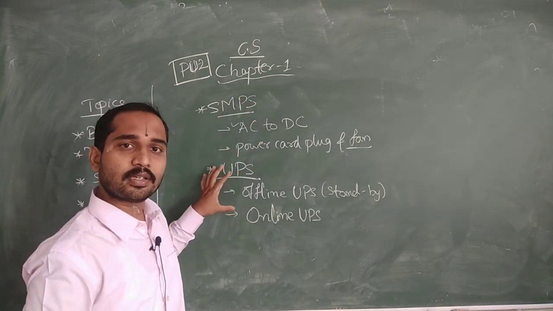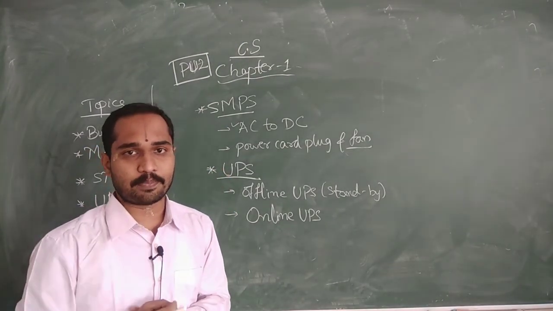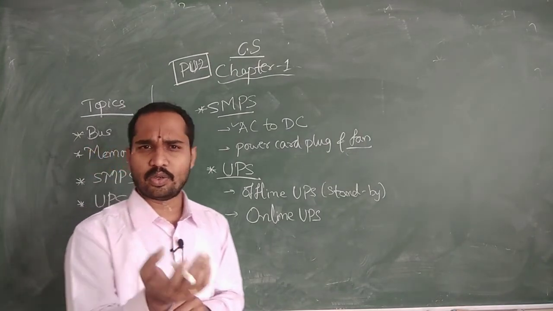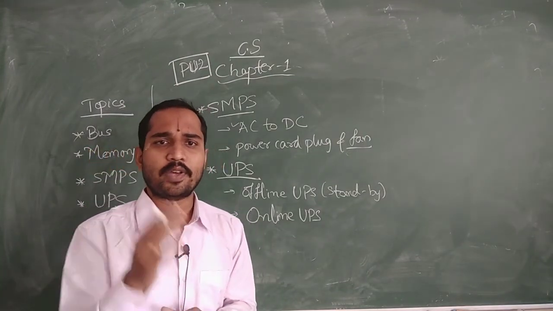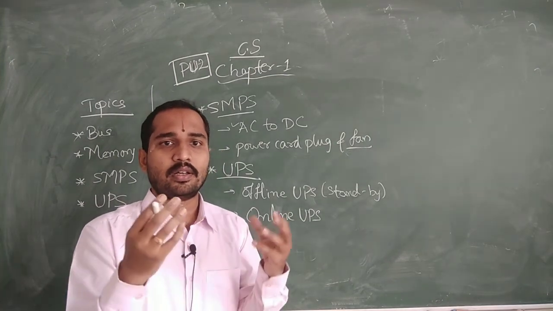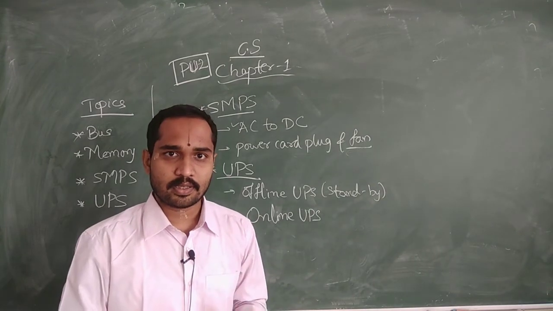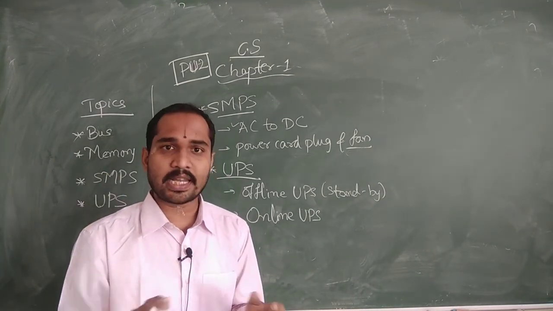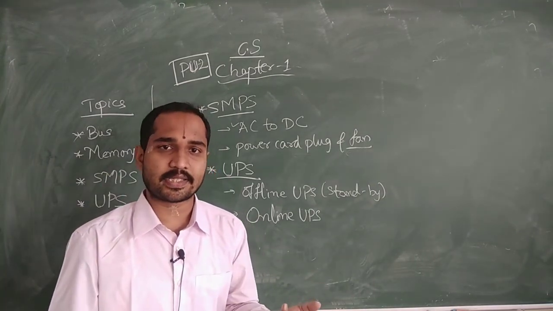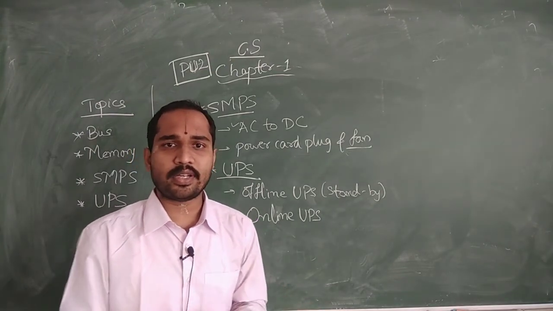Now the last concept is UPS, uninterrupted power supply. You already know this. What is UPS? Whenever there is a power cut while you are working on the computer, if the power fails, then the data that you have already typed gets erased. Once the data is lost, RAM cannot retrieve it back.